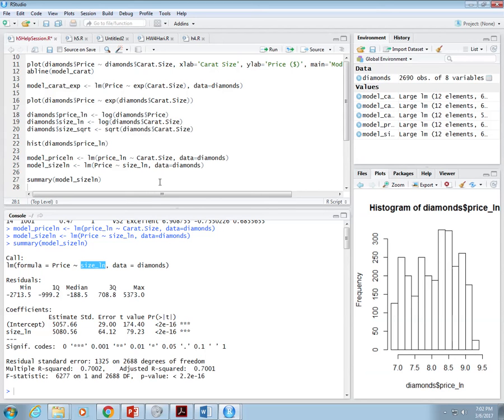Okay, so to write out these equations, from this model size ln, I'll kind of write it out here. The way the regression works is that the price is going to be 5,057.66 plus 5080.56 times the log of carat size. That's for size ln.